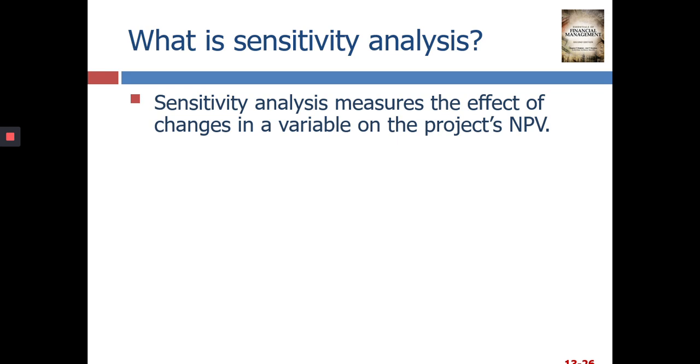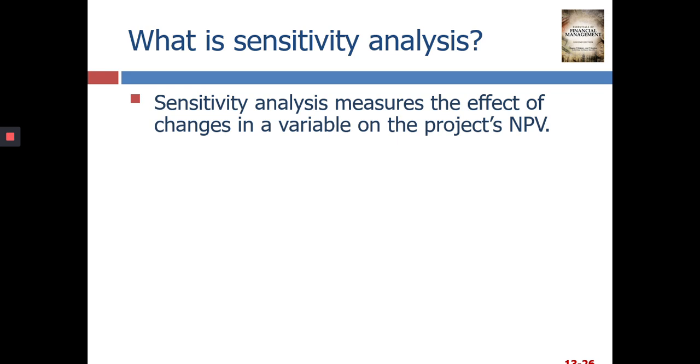What about my costs? If my costs increase by 5%, will I still make a profit or a loss? If I make a loss, then your cost is more sensitive than your revenue, because with revenue you only make a loss when it drops by 10%, but with cost you're already making a loss at a 5% increase. So those are sensitivities. You look at which variable is more sensitive, and you have to make sure it does not change.